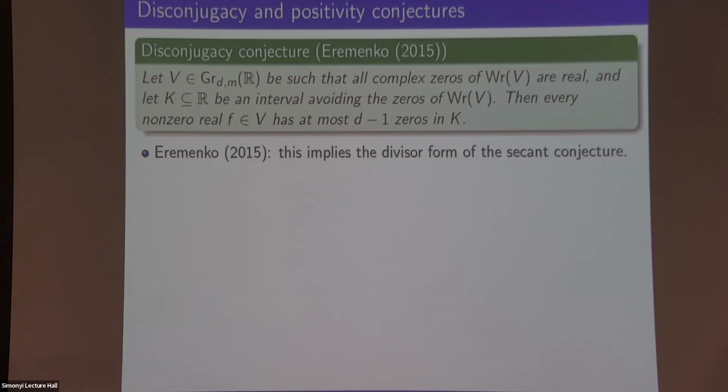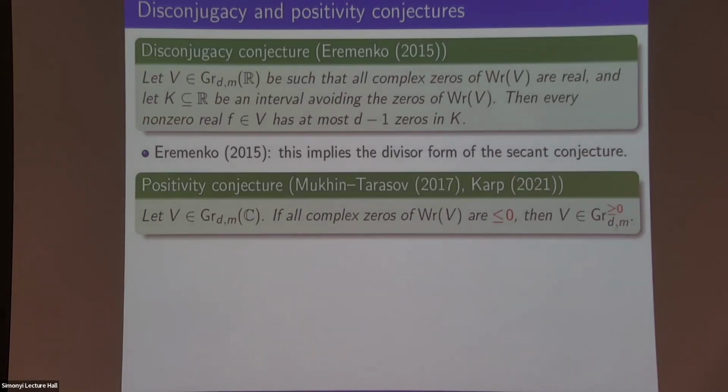What this conjecture implies is that, in the Schubert problem, we have this condition that V intersects this secant subspace, and actually what we get is that V is going to intersect an osculating subspace where the point of osculation is a point in this interval. If we do this for each of the secant subspaces, we get that each solution V to the secant problem is a solution to the osculating Schubert problem, and therefore it's real by the Shapiro conjecture. So if you didn't follow that, just think of this as some intermediate value theorem argument.